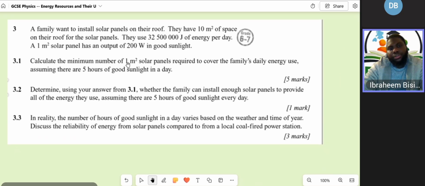We want to find how many 1 square meter solar panels will be sufficient for the family to generate the amount of energy they need per day, without forgetting that they only have 10 square meters of space on their roof.